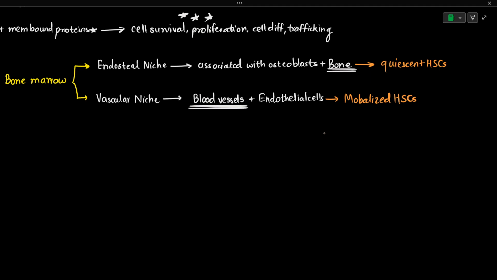They are going to move from the bone marrow to the blood vessels, and when they move there, they make a choice: either they simply differentiate into blood cells or immune cells, or they just get circulated.